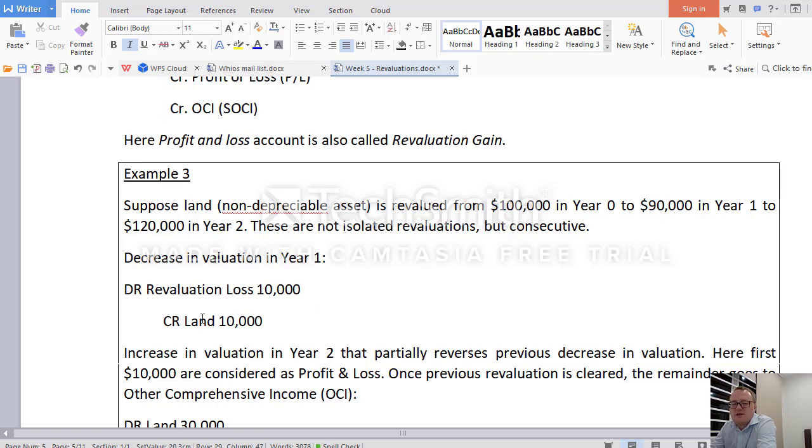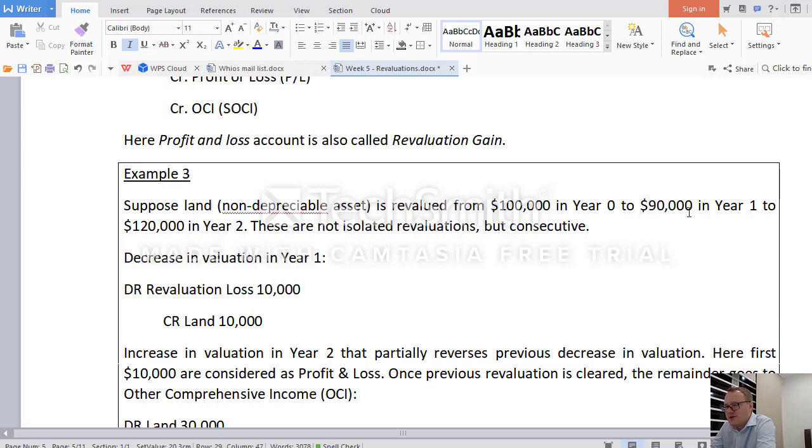Therefore you reduce the value of land, debit revaluation loss. This revaluation loss is a loss that goes directly into the income statement. Okay, so that was in year 1. Now year 2. Now we are revaluing upward to 120,000. From what value do we revalue? From 100 or from 90? From 90.